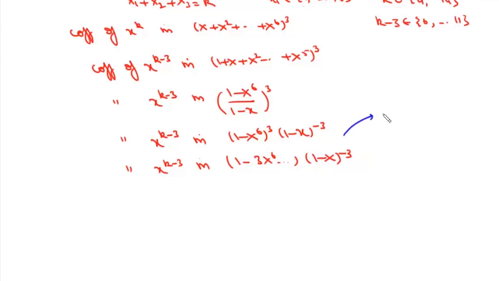Now we know that the coefficient of x to the power r in the expansion of 1 minus x to the power minus 3 will be n plus r minus 1 C r. So there will be 3 plus r minus 1 C r, or we can write this as r plus 2 C 2.